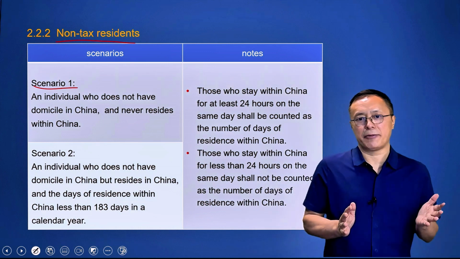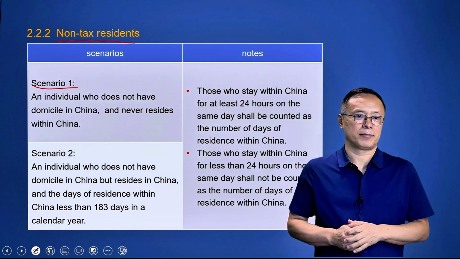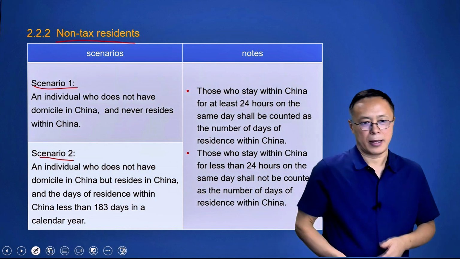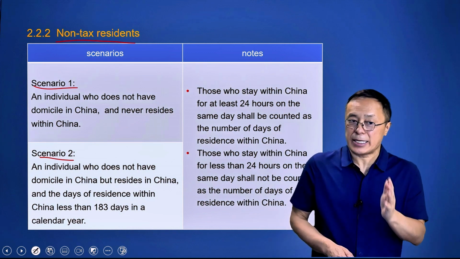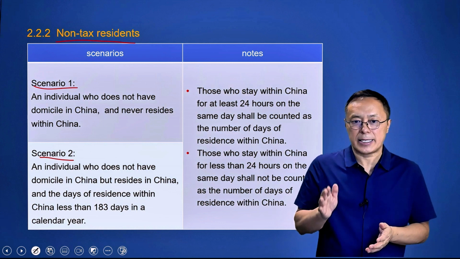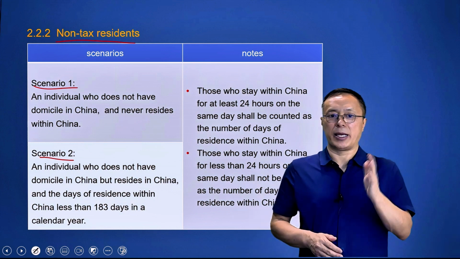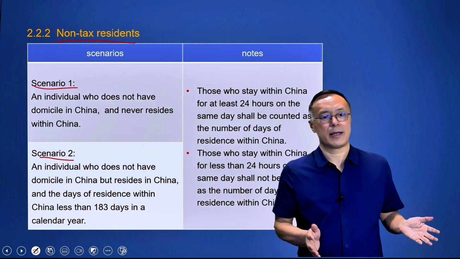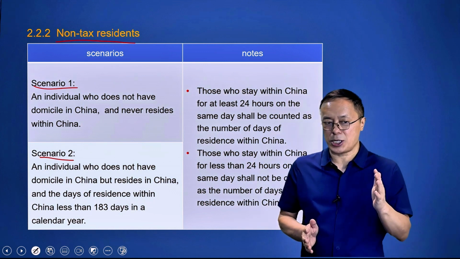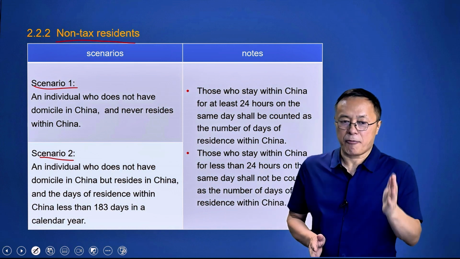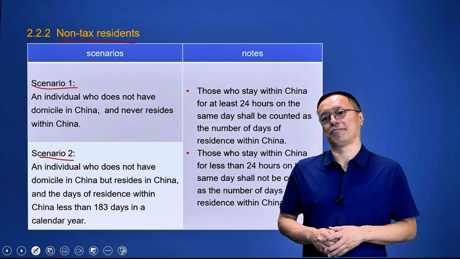In practice, it's usually individuals without Chinese registration who never reside within China. And scenario 2, an individual who does not have domicile in China but resides in China, and the days of residence within China are less than 183 days in a calendar year. In this case, he or she is a non-tax resident.